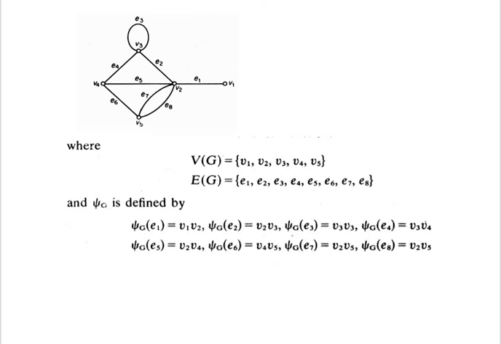So psi_G is a mapping or function that associates each edge in the graph with an unordered pair of vertices, and it is not compulsory that the end vertices be distinct. If you take the edge E3, its end vertices are V3 and V3, so the end vertices are not distinct here.